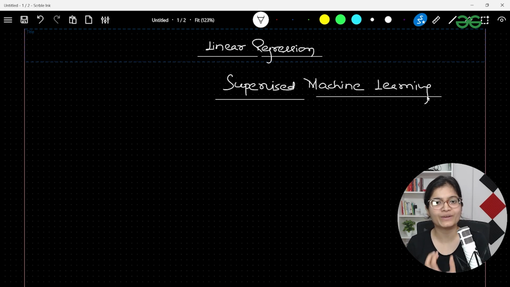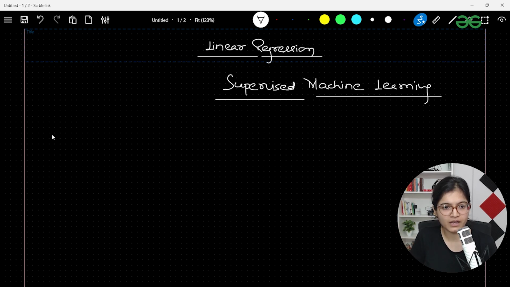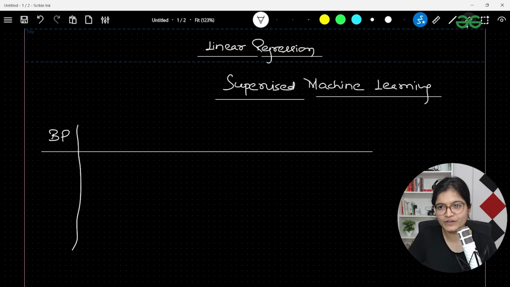For example, let's take a very simple example. Maybe you have a problem statement of diabetic prediction. So you will have the features of the patients. For example, how much is the BP value of that particular patient? How much is the insulin level of that patient? So you will have all those features which are responsible for diagnosing whether a person has diabetes or not.